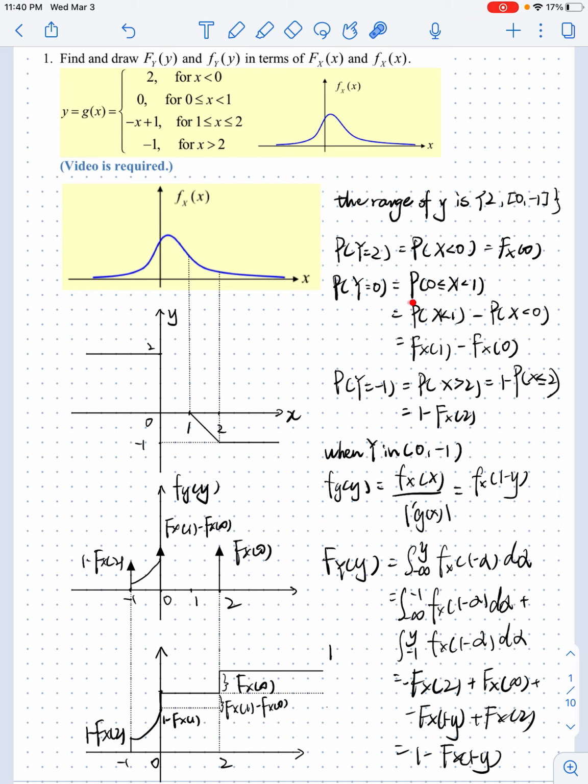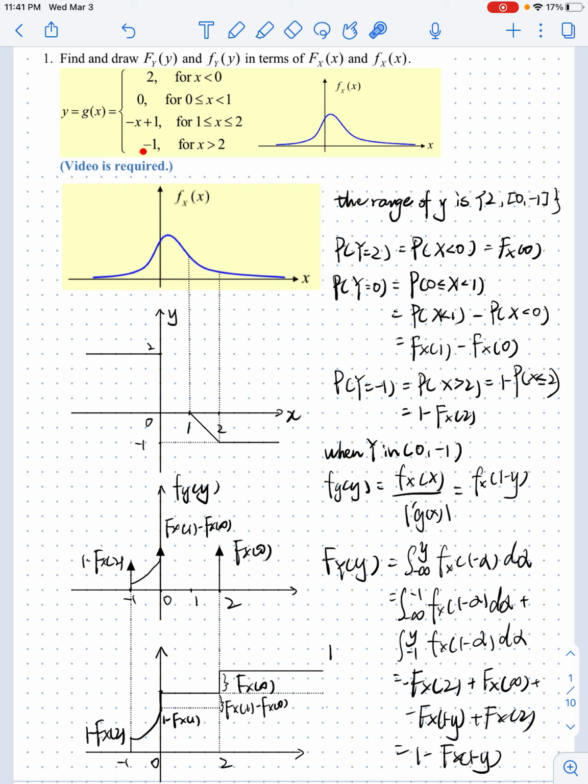It would be the probability that x is from 0 to 1, so it is equivalent to the probability of x smaller than 1 minus x smaller than 0, which is Fx(1) minus Fx(0).